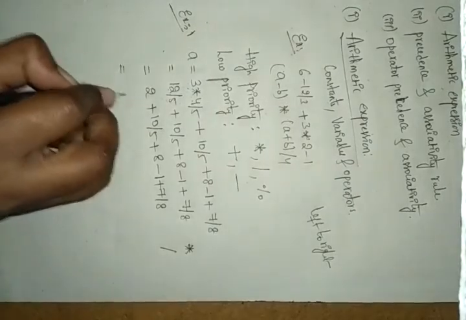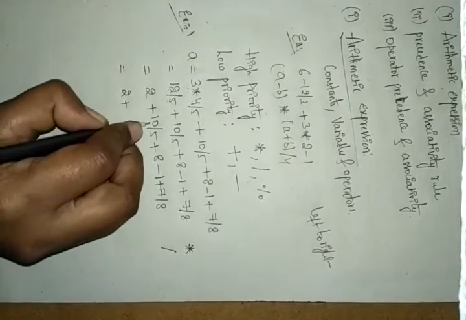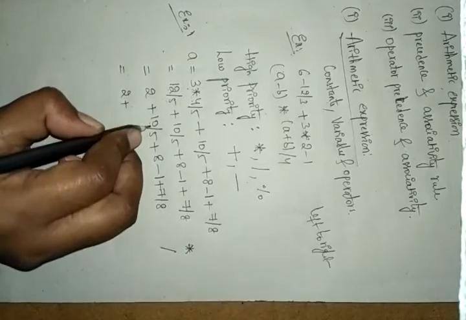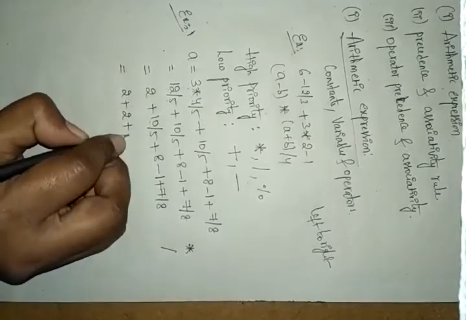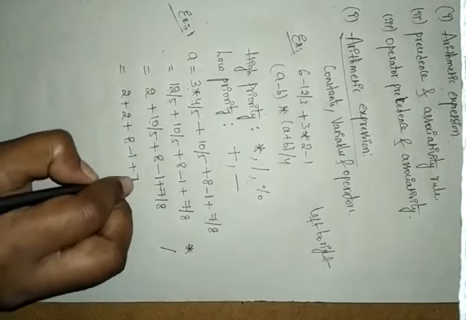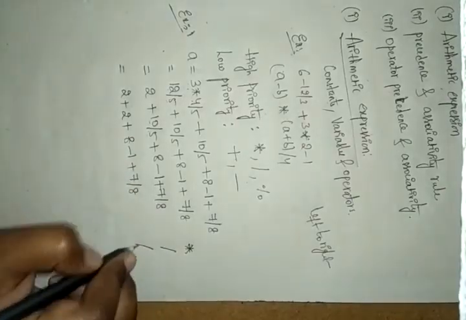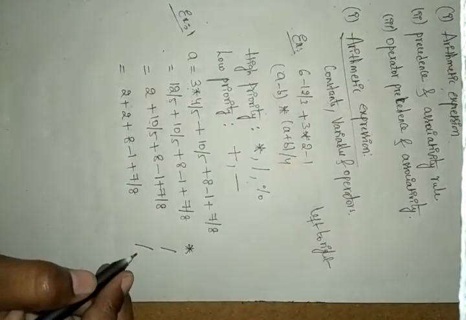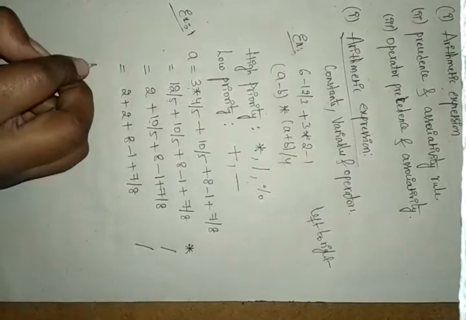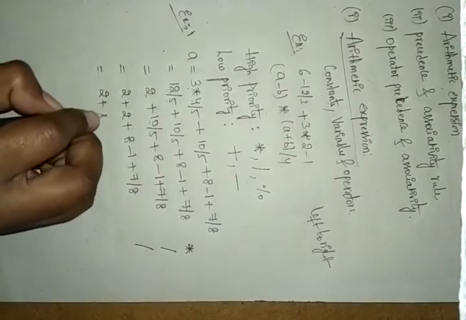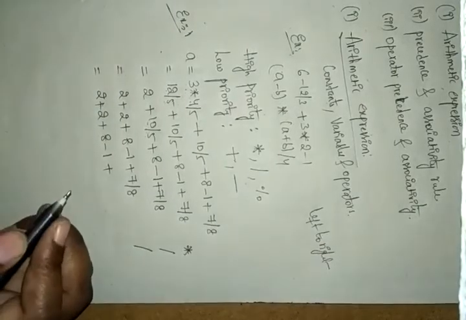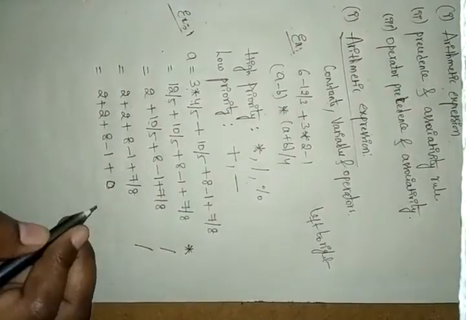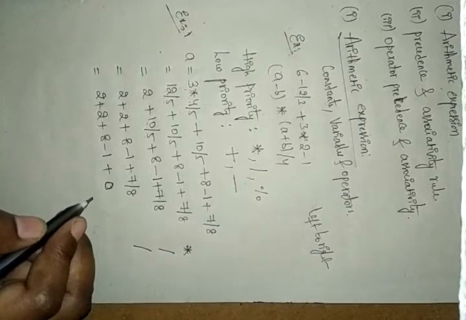And next, 10 by 5 means 5 2s are 10, so 2. 8 minus 1 plus 7 by 8, and 7 by 8 means 0, because it is not a calculated type.